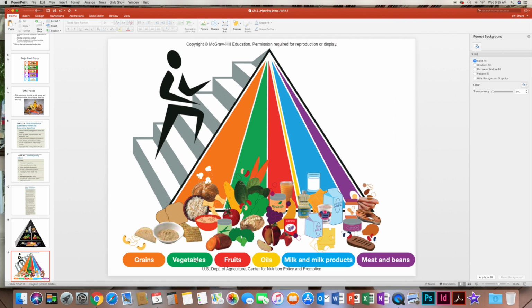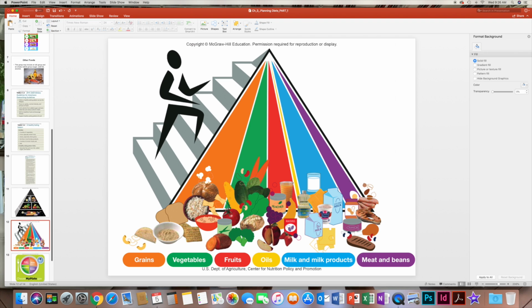It also included the little guy running up the steps to show that you need physical activity as well. And it uses the sizes of the triangles to let you know how much you should have. In the oils, you're using very little a day, whereas your grains and your vegetables and your fruits and dairy are a little bit larger. This too was confusing, specifically for younger children, and we see that diabetes and obesity is prevalent in the young.